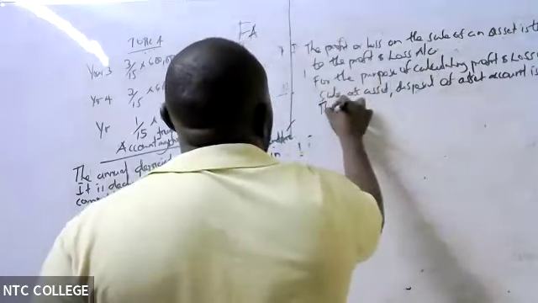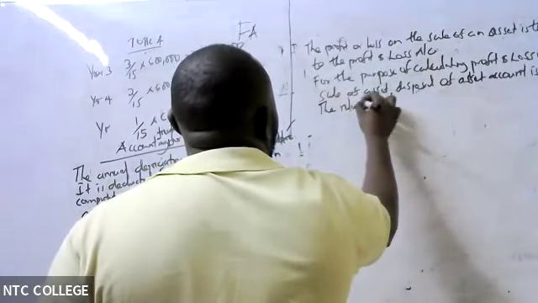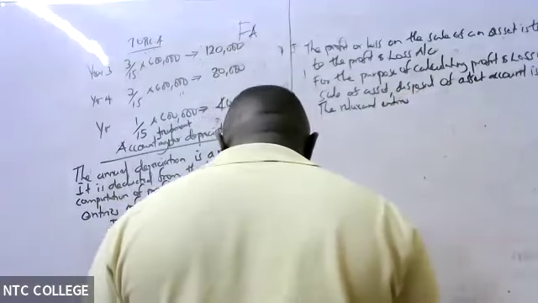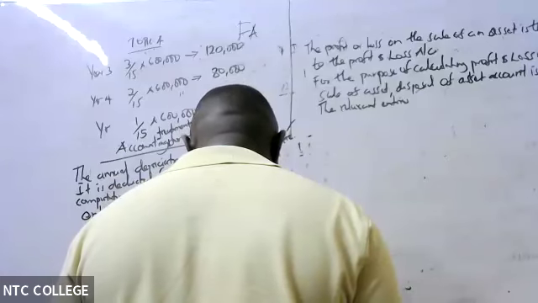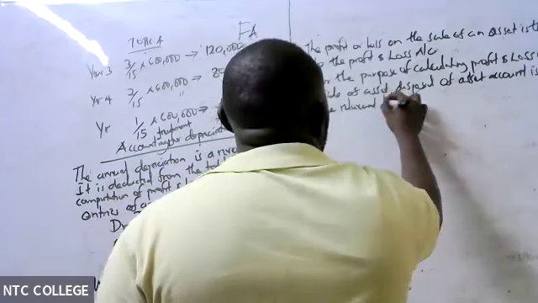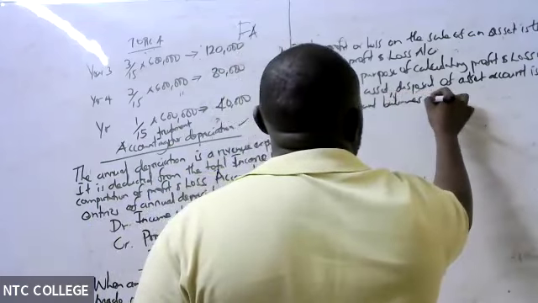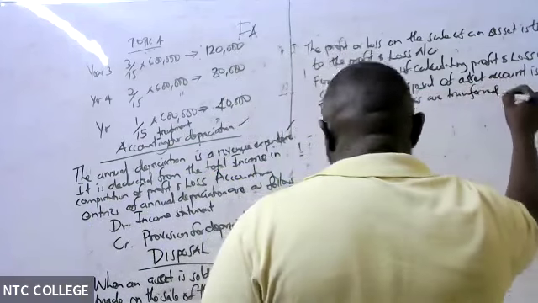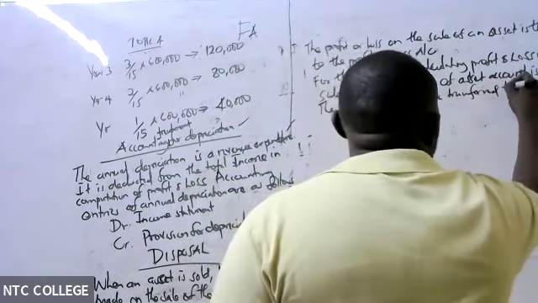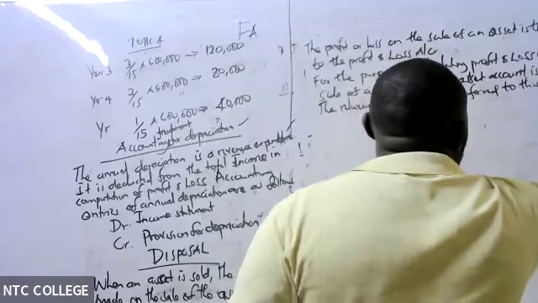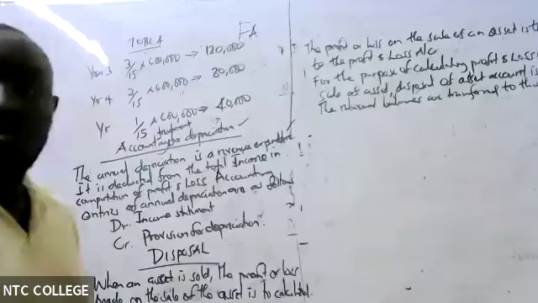Then the relevant entries, the relevant balances, are transferred to this account. The relevant balances are transferred to this account, together.